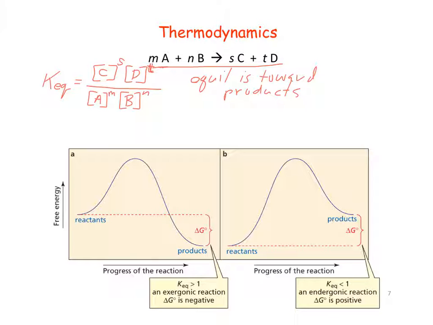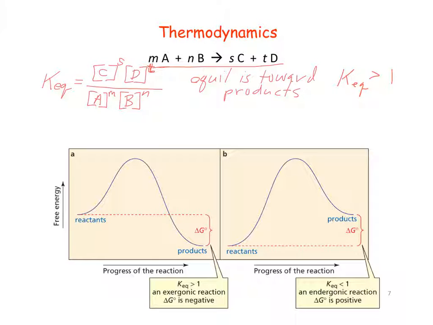So if this reaction lies towards products, then it means that we have more C and D, more of the numerator than we do of the denominator. Okay? So that means that this number, this equilibrium number, is going to be greater than 1 because the top is bigger than the bottom. Right? So this means that the equilibrium constant would be greater than 1.